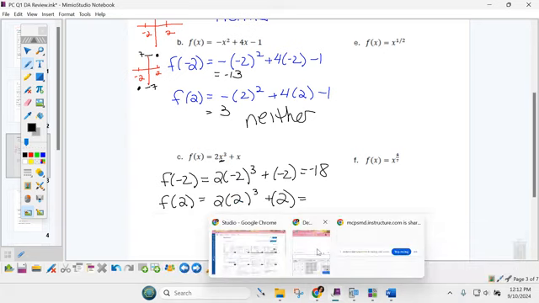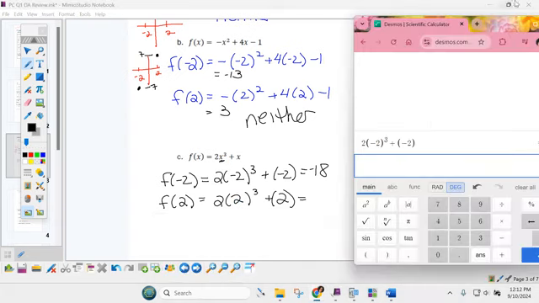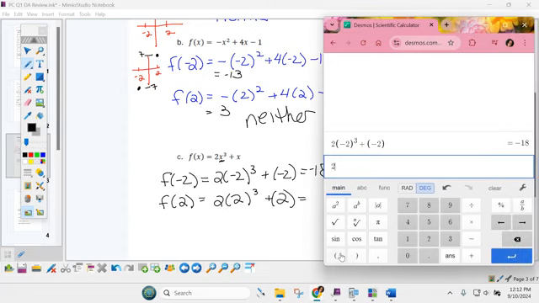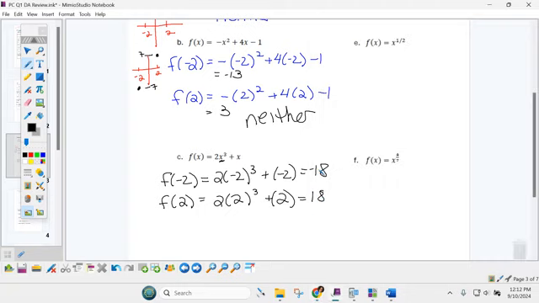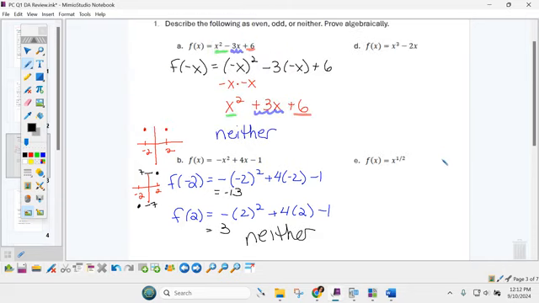Glad I caught my mistake. Okay. 2 times 2 to the power cubed plus 2. Positive 18. Same number, opposite signs, so that is odd symmetry.